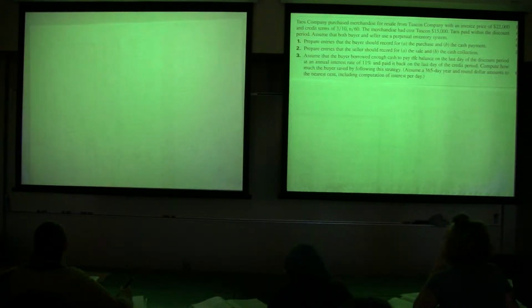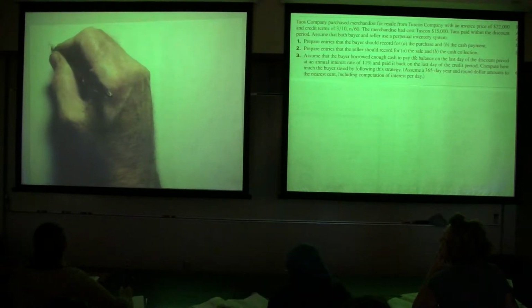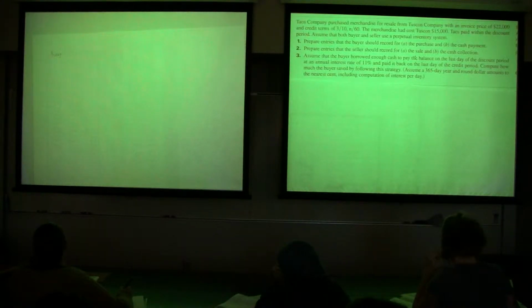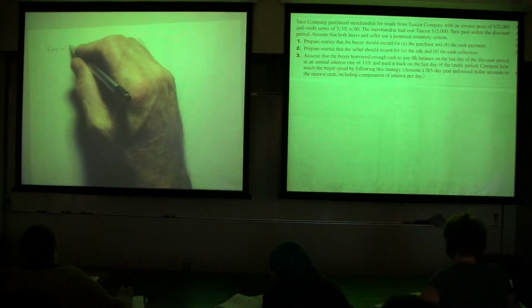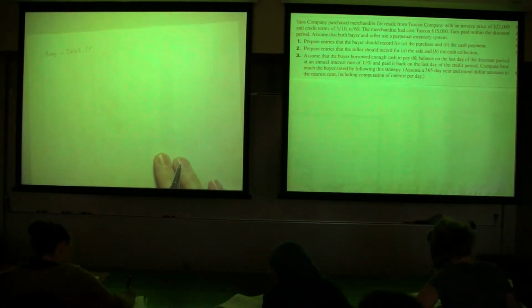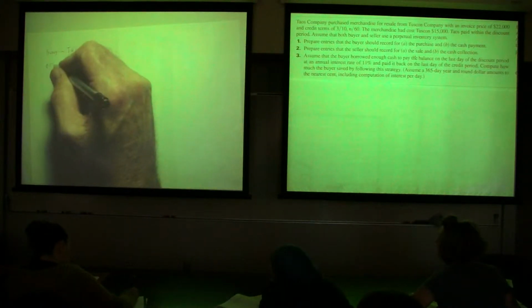Okay, so let's start with the buyer. By the way, I have more of a fine tip pen here. Let me use that instead. We have the buyer, which is the Taos Company, and it's a credit purchase.